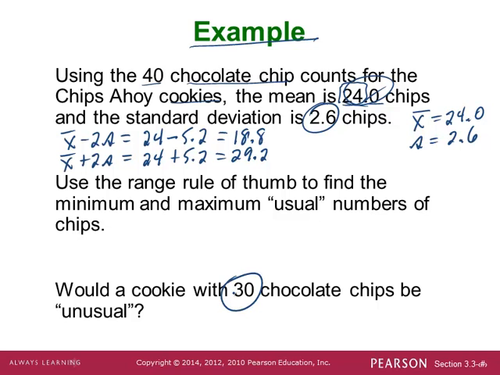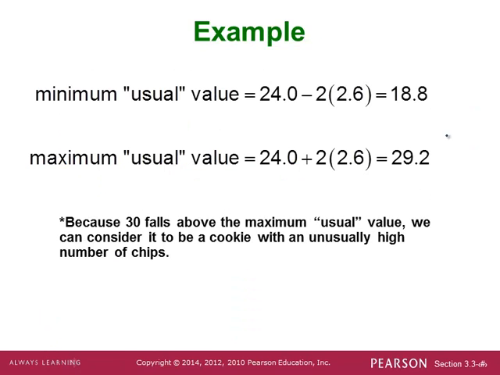So if we have a cookie with 30 chocolate chips, that's greater than this upper bound, we would consider that an unusual observation. So that's what they're talking about right here.